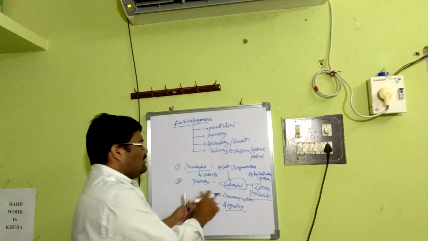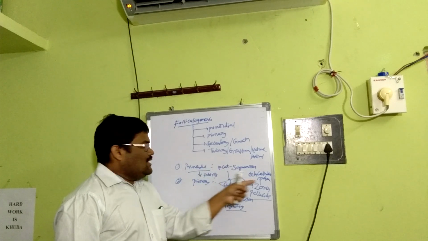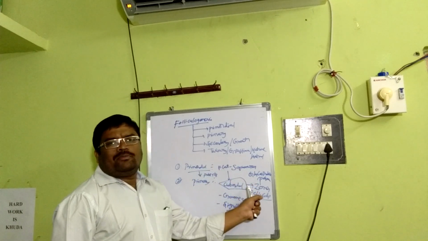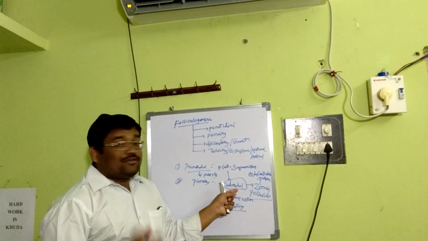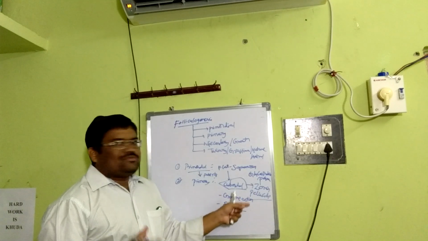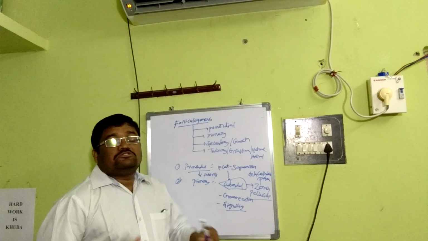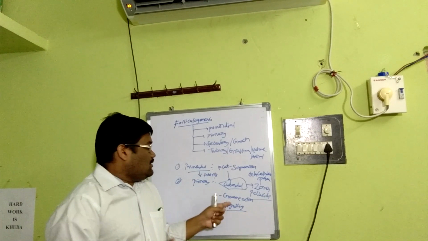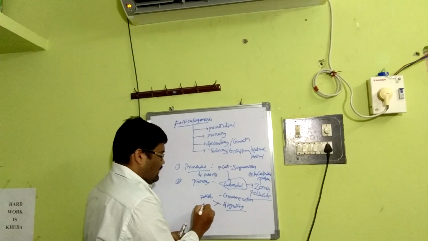So at puberty, the primordial becomes primary based on this: the development of the glycoprotein polymer called zona pellucida, the development of cuboidal cells, the genome expression turning on, and rudimentary signaling between the follicles and the oocytes.